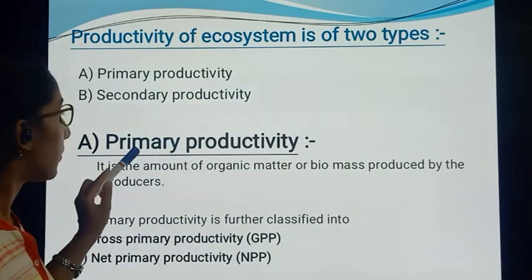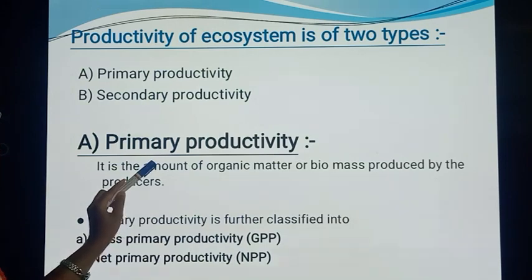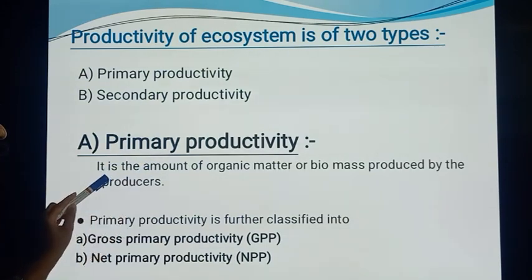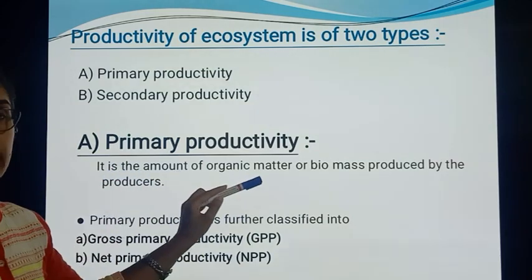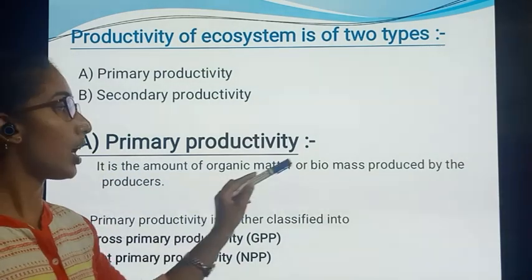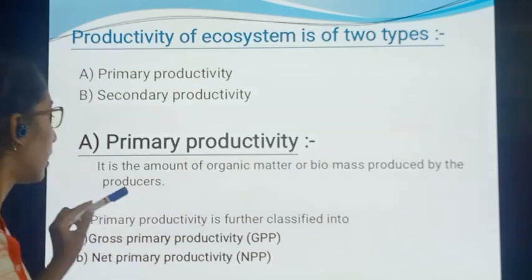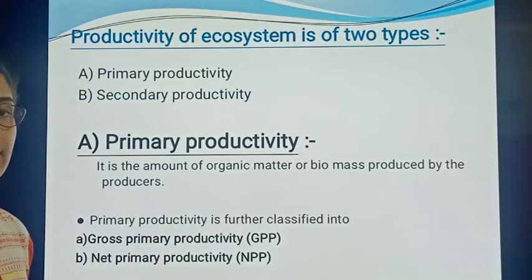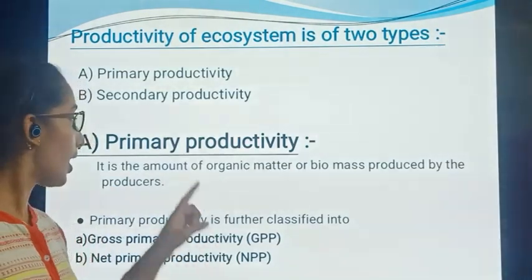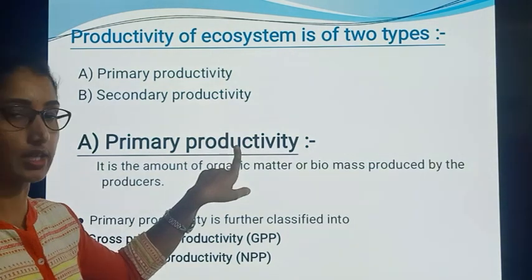First is primary productivity. What is primary productivity? It is the amount of organic matter produced by the producers. It is very clear.